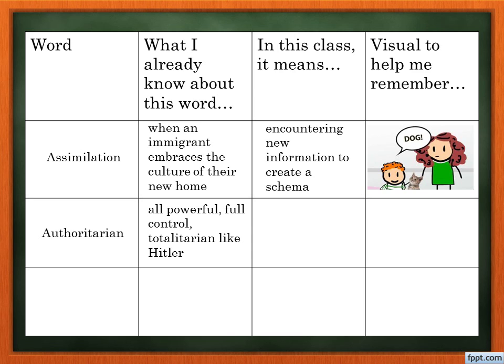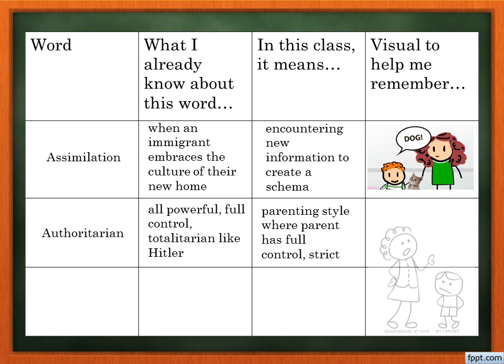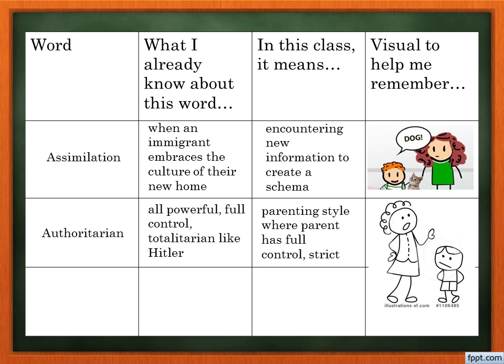So when we're talking about parenting styles, and there's an authoritarian parenting style, you can guess that's the parenting style that has full control, pretty strict. And a little doodle to help you remember. This looks like a lecturing parent and a sad child. So you can see how that definition could help you remember the authoritarian parenting style in the psychology context.